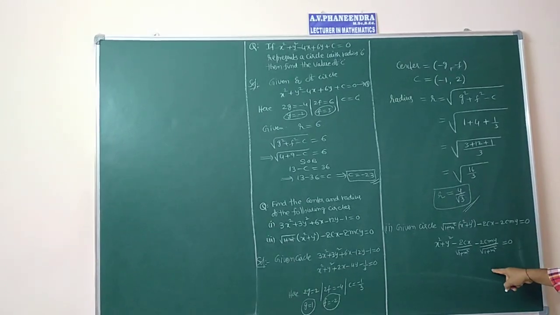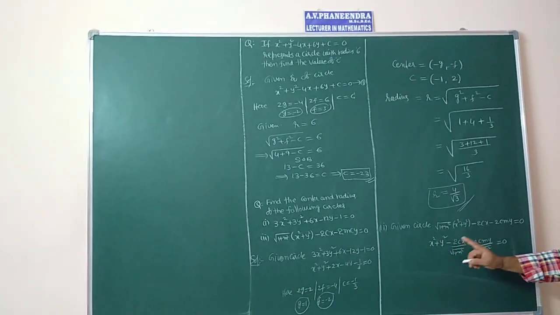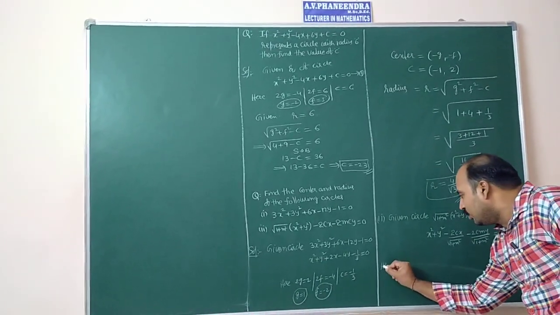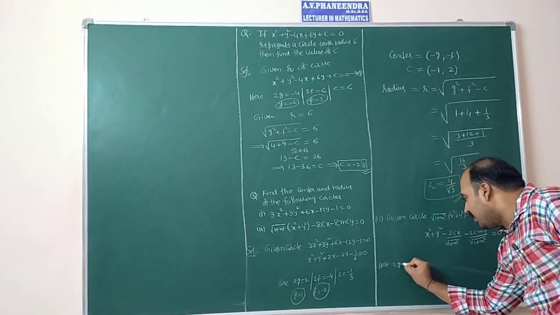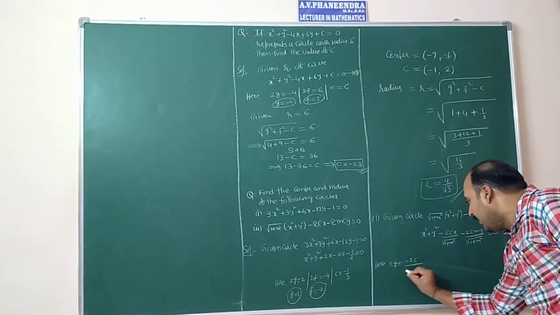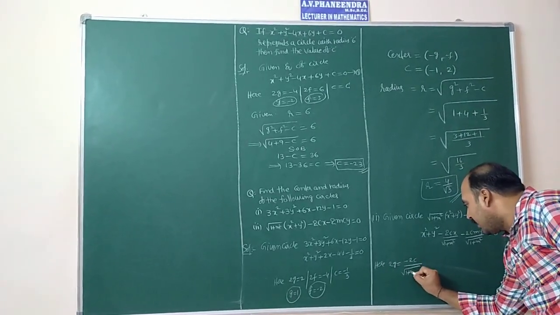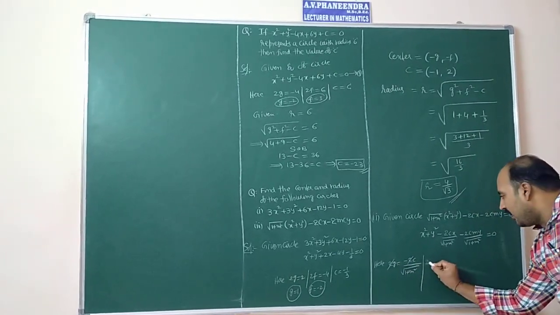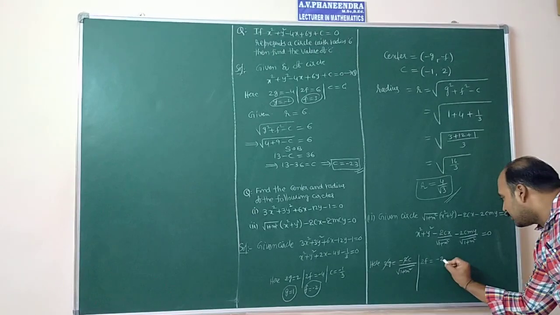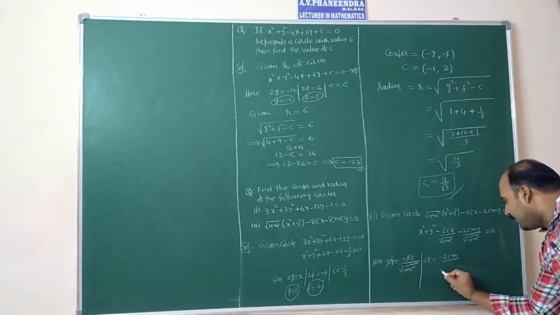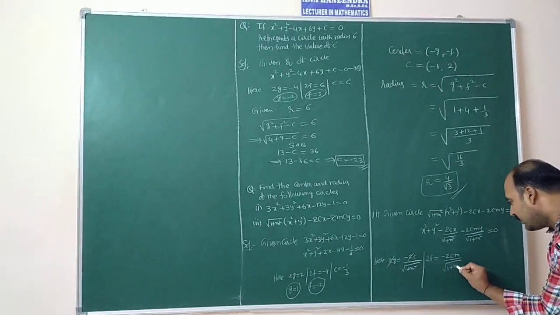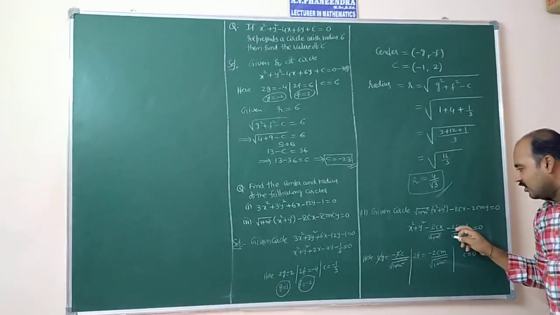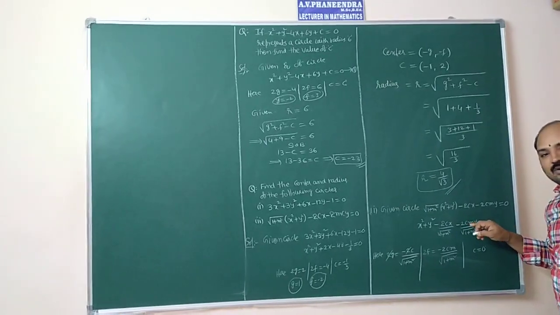This equation you have to compare with x² + y² + 2gx + 2fy + c = 0. Here 2g = −2c/√(1 + m²), where the 2 gets cancelled. 2f = −2cm/√(1 + m²), and the constant c = 0; the c in this equation is not the same as the constant c.